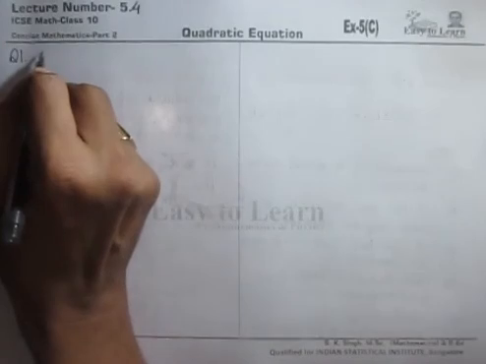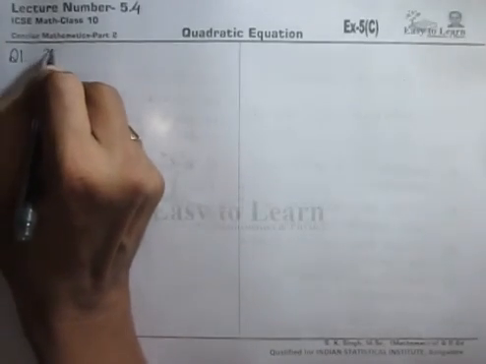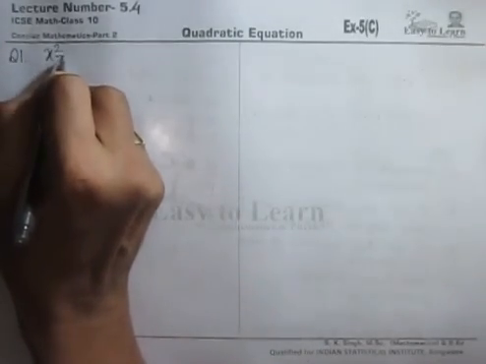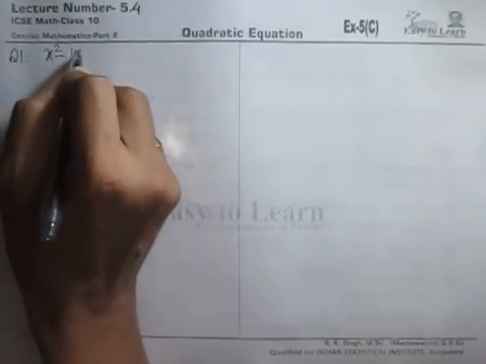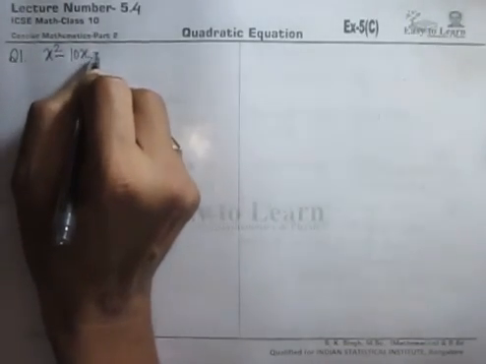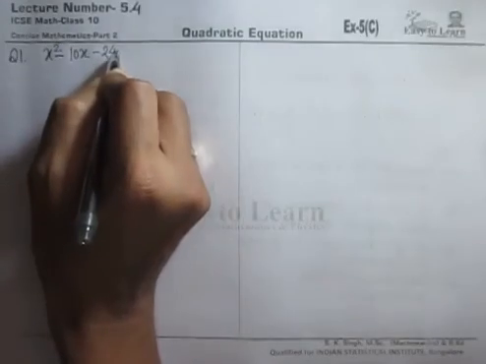So question 1 is x square minus 10x minus 24 equal to 0. We have to solve this equation by factorization method.